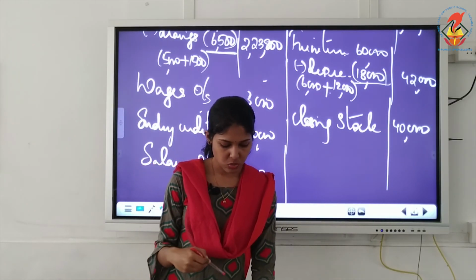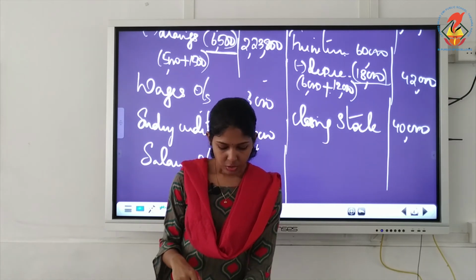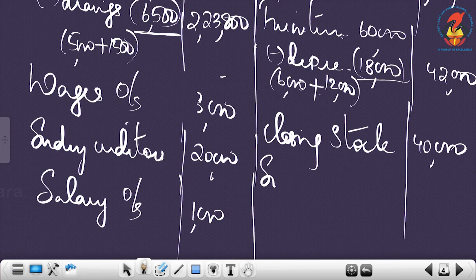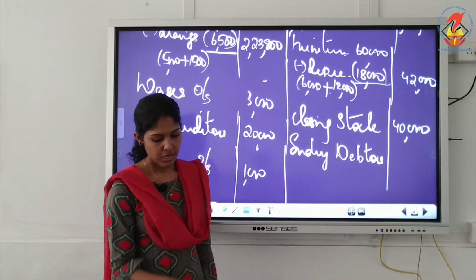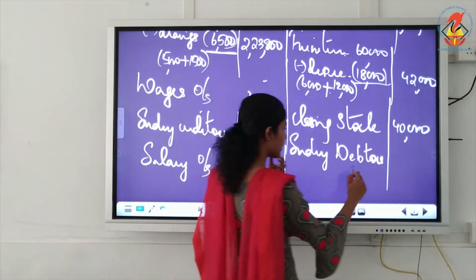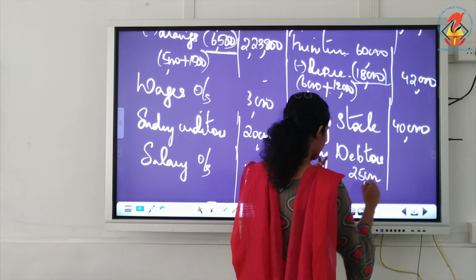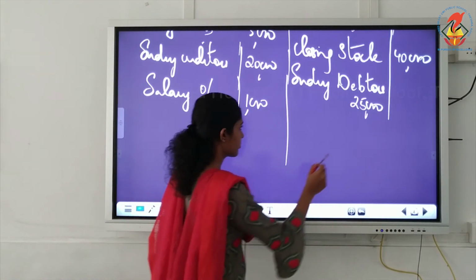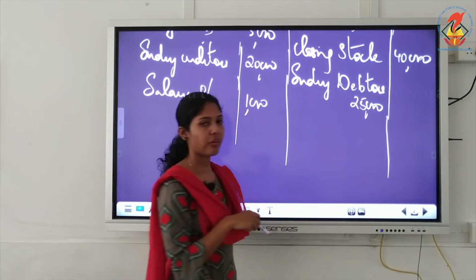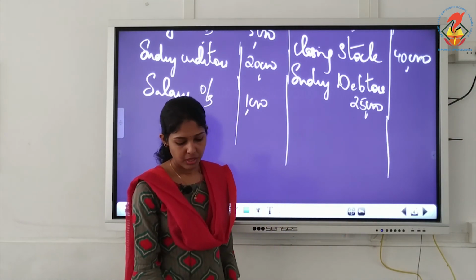Go through the adjustments. Now before that we have sundry debtors inside the trial balance. About closing stock we have sundry debtors. So you can write that first. Sundry debtors 25,000. Even if you miss the order, that's okay, you write all items clearly.